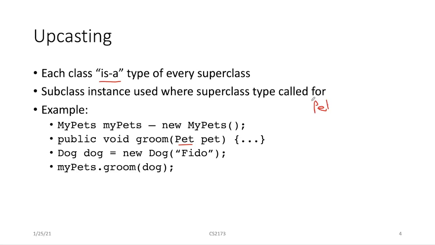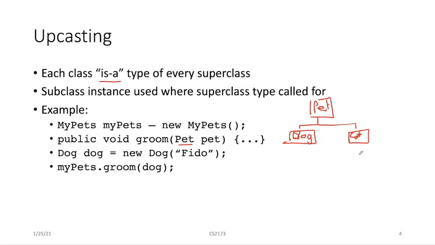There was Pet, and then there was a subclass. One of its subclasses was a Dog. And then we had another subclass that was a Cat.